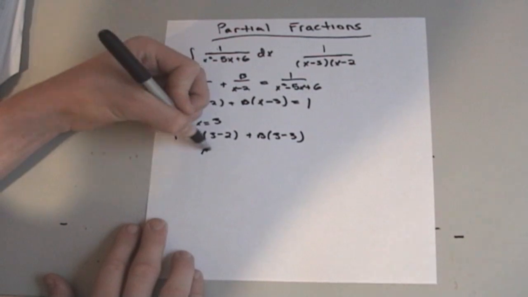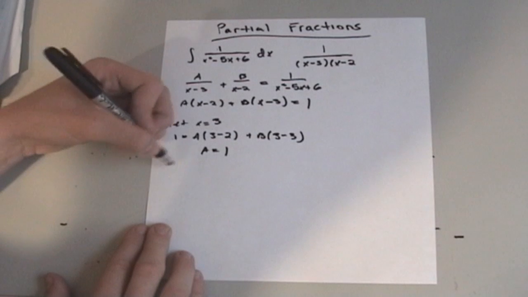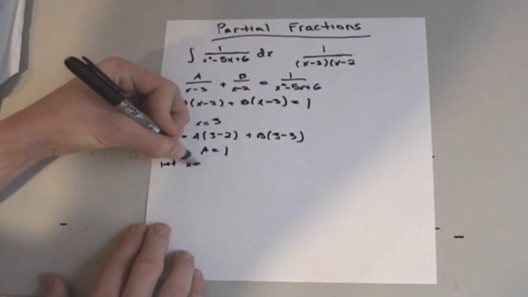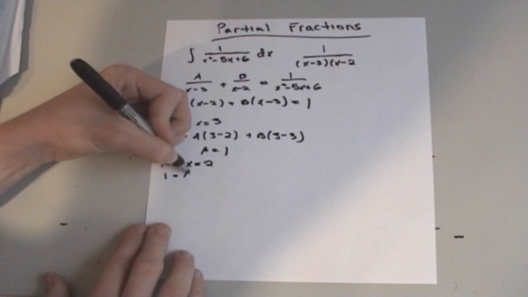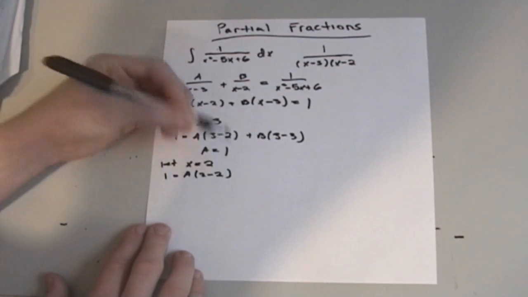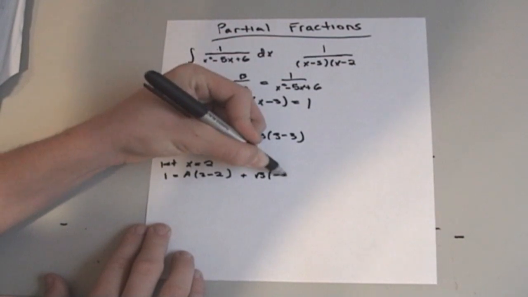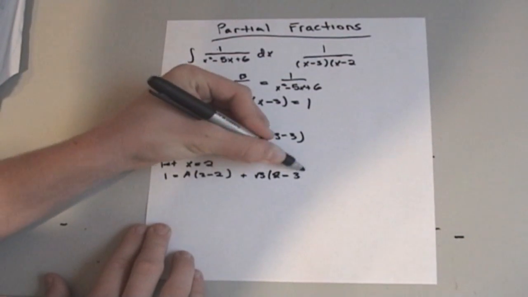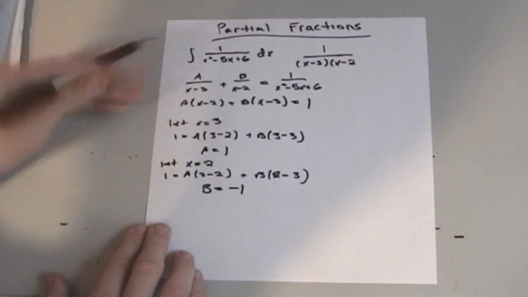So we end up with A equaling 1. And we do the same thing with B. We let x equal 2 and get 1 equals A times (2 minus 2), which cancels out the A, plus B times (2 minus 3), which gives B equal to negative 1.